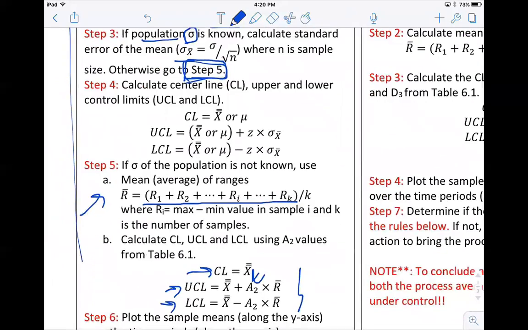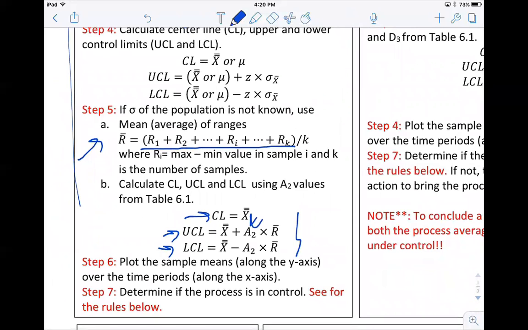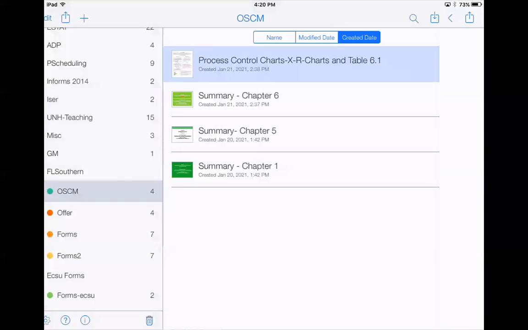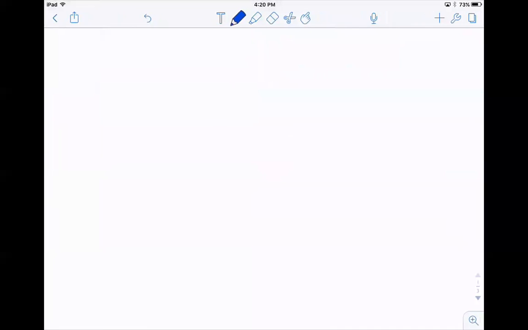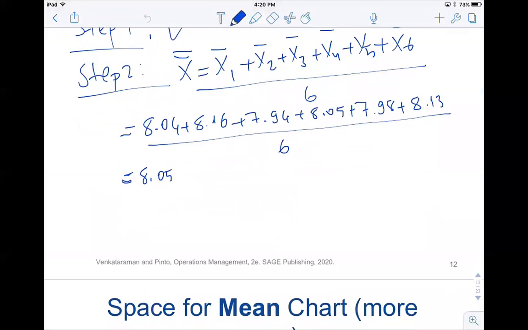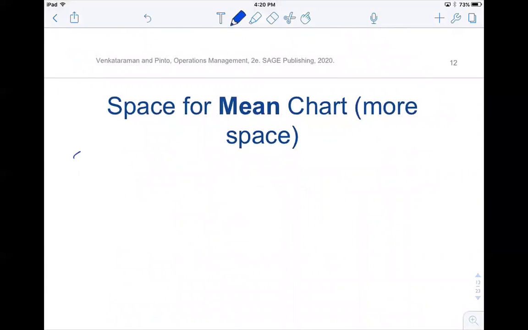All right. In step 5, I will have to calculate the average of the ranges. All right, let's do that. So here I will say sigma is unknown. Go to step 5.